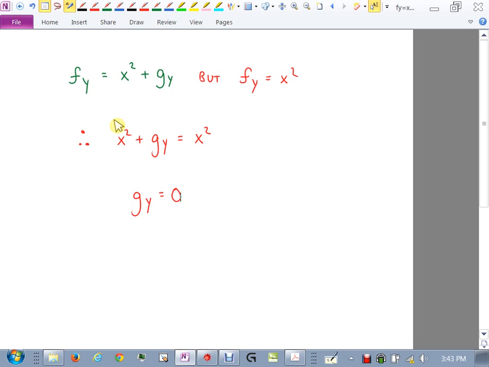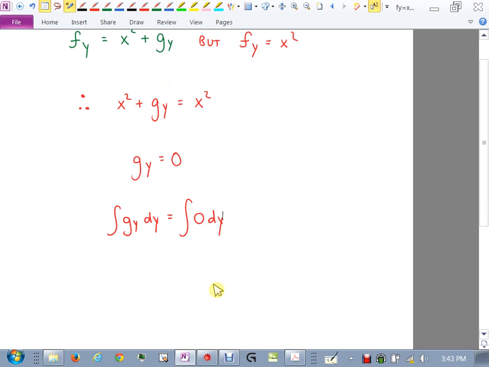Integrate that with respect to y. So if I integrate this with respect to y, and then the other side, integrate 0 with respect to y, well, what's the antiderivative of g with respect to y with respect to y?